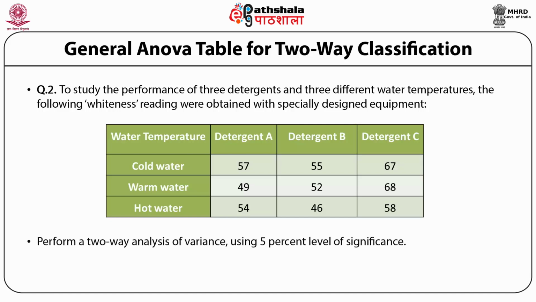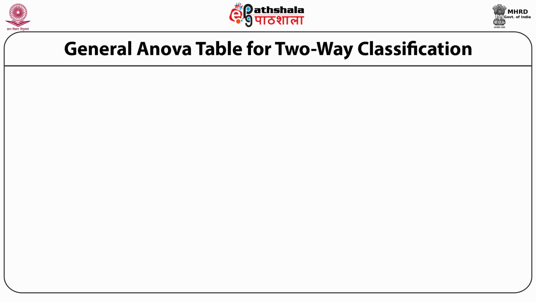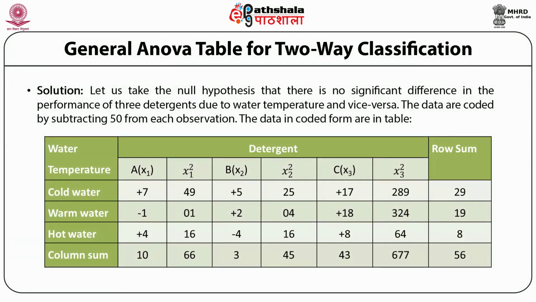We need to perform a two-way analysis of variance using a 5% level of significance. Let us take the null hypothesis that there is no significant difference in the performance of the three detergents due to water temperature, and the alternative hypothesis is that there is a difference.